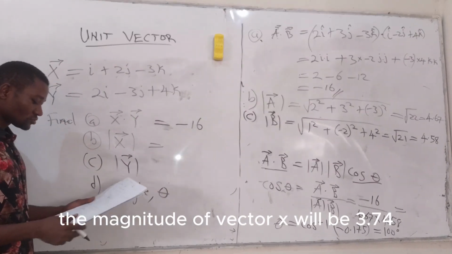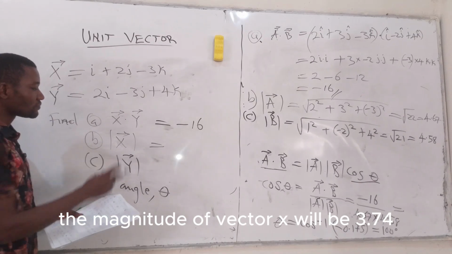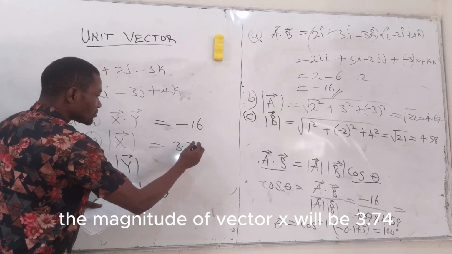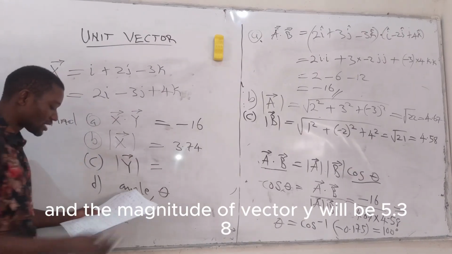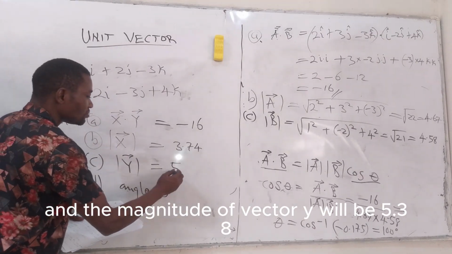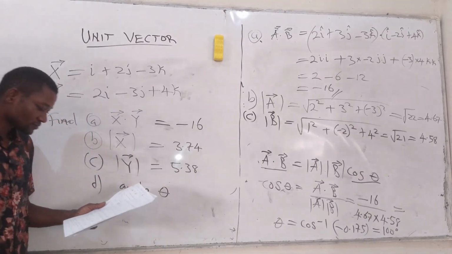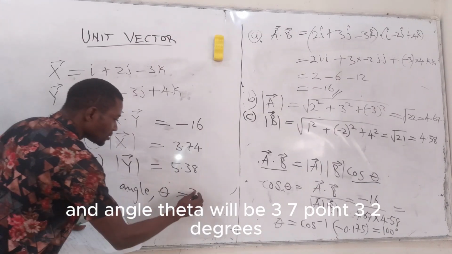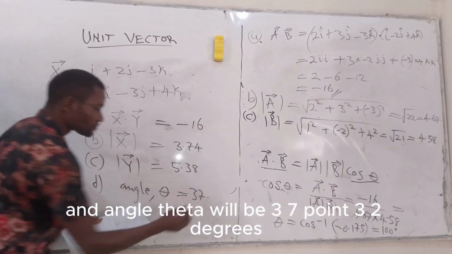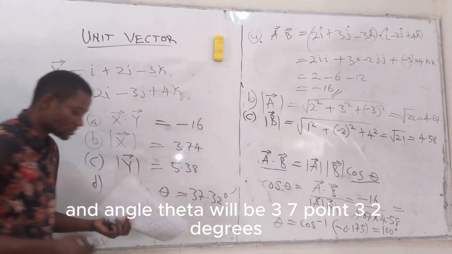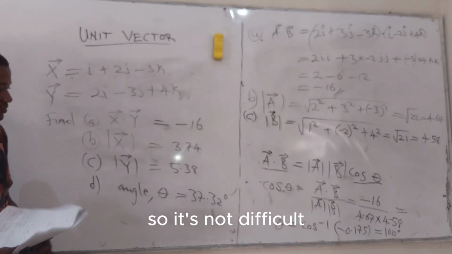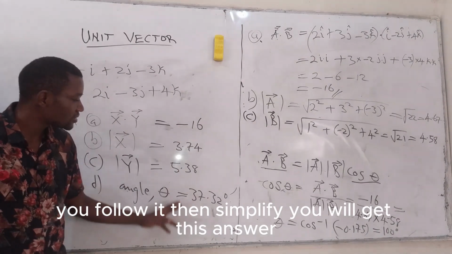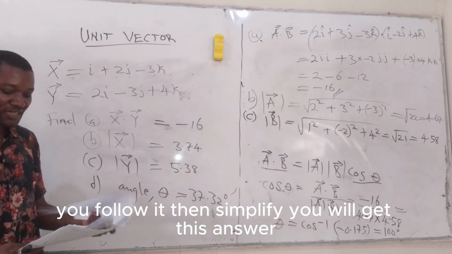The magnitude of vector x will be 3.74, and the magnitude of vector y will be 5.38, and angle theta will be 37.32 degrees. So it's not difficult. You follow it, then simplify, you will get this answer.